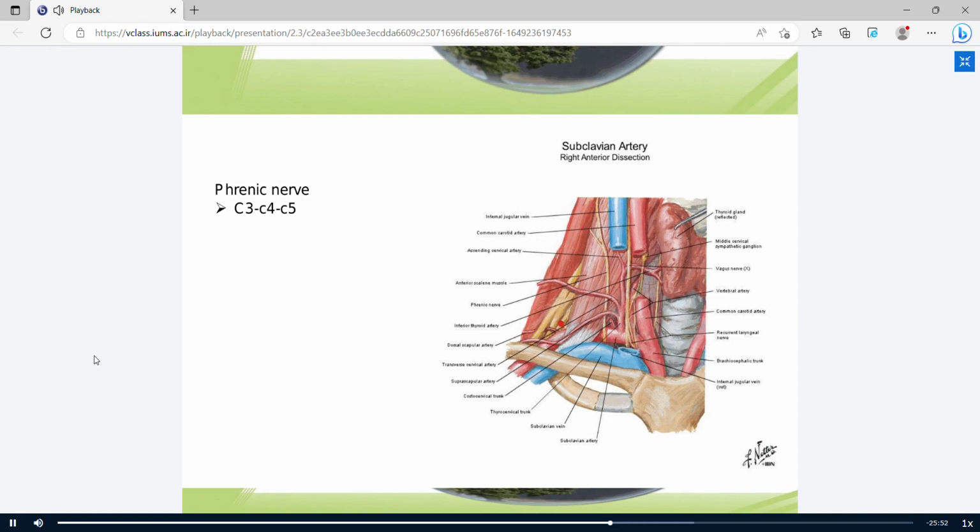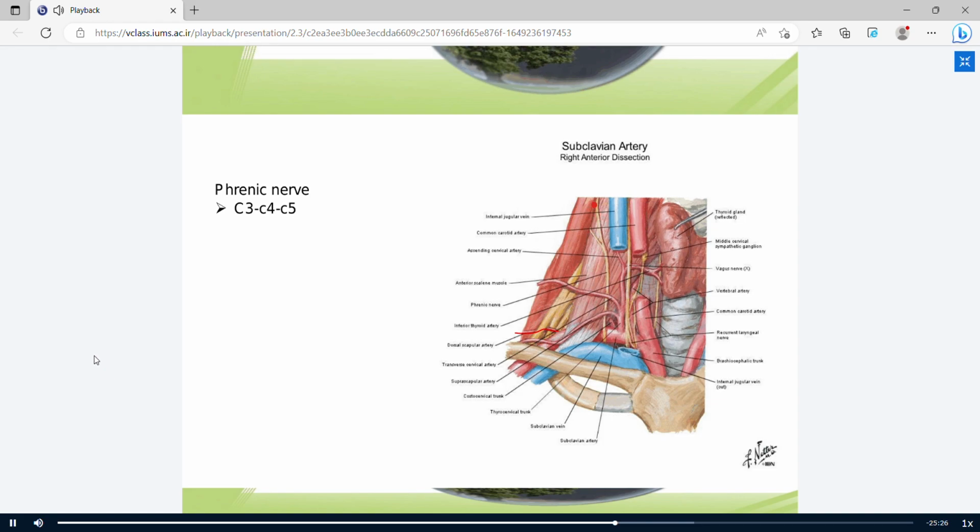Finally, please look at the third part of the subclavian artery. From the third part, there is one branch, the dorsal scapular artery. The dorsal scapular artery is from the third part and goes to the dorsal part of the scapula.